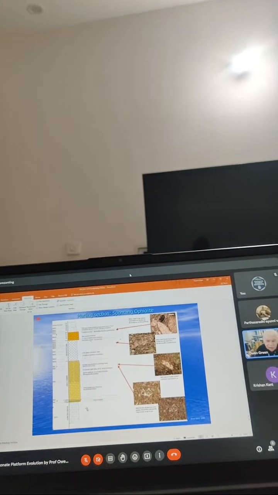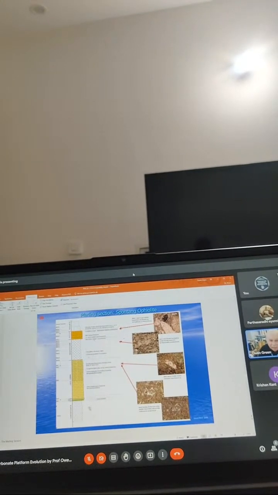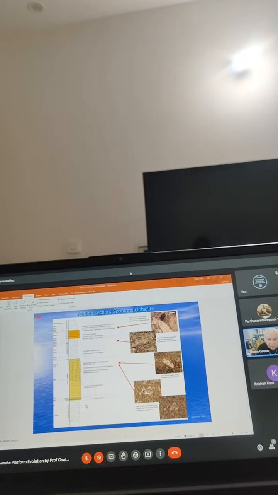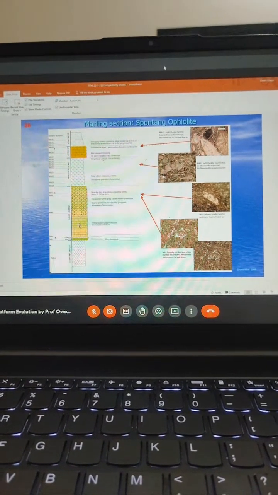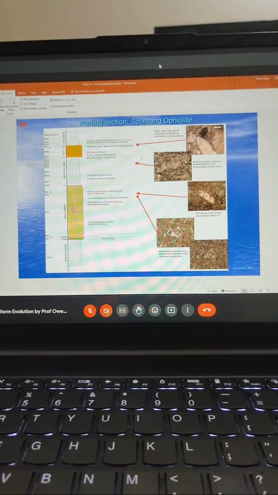So we started looking at a number of sections around there, and this is a typical one from a place called Marlin, with numerous samples along there, particularly from the limestones.